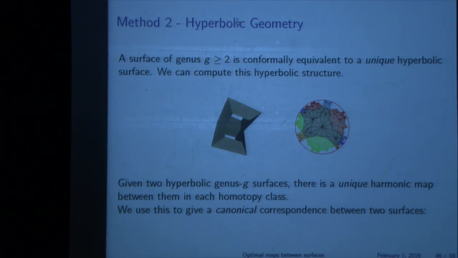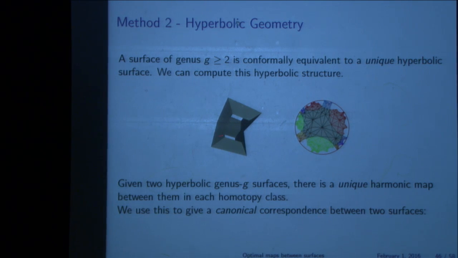So here's an example. We have a graduate student who wrote a program to compute hyperbolic structures. So he can take a triangulated surface in R3 and actually compute there's a unique hyperbolic structure on such a surface which is conformal to the Euclidean metric.